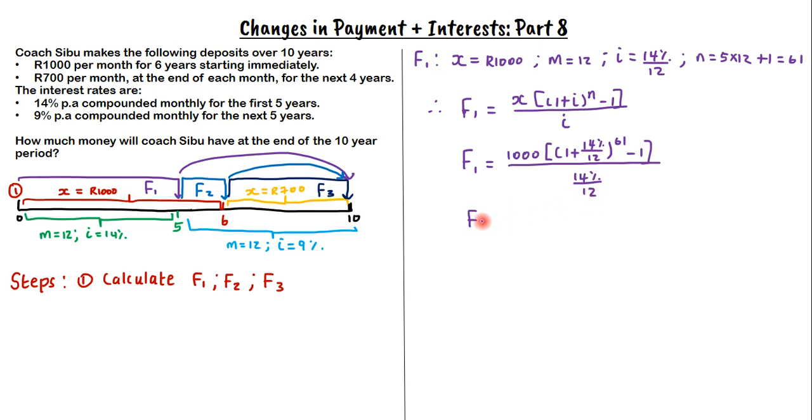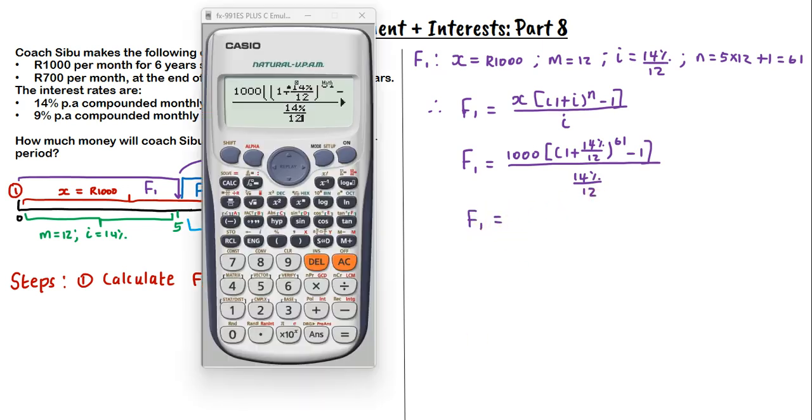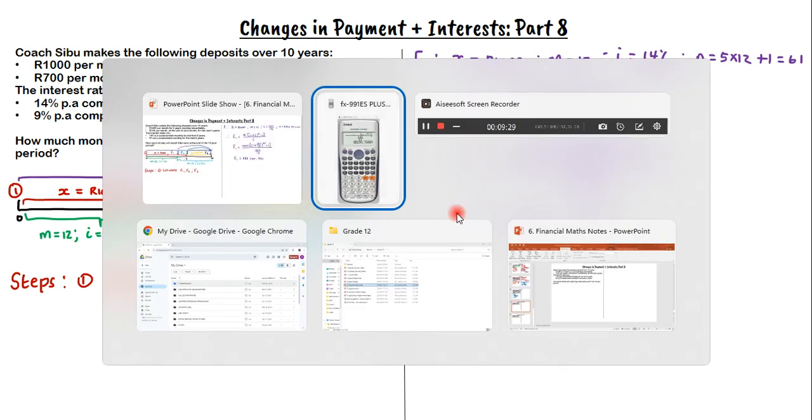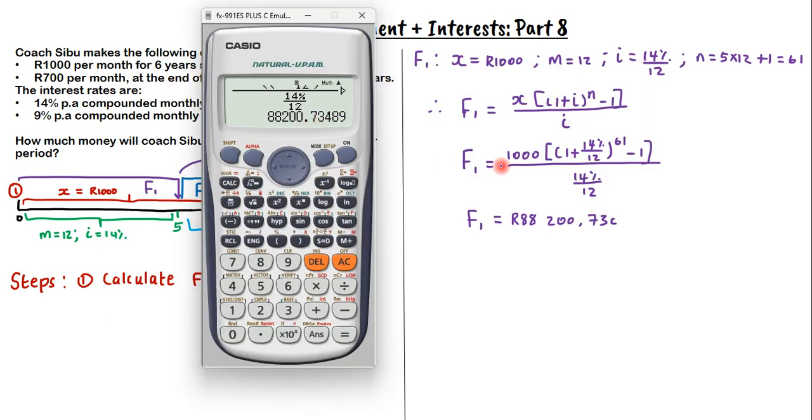All right, so now pressing this into our calculator, I skipped the part where I pressed, I just showed you the final part, but this gives us 88,200.73. Let me just double check. Yes, all right. So this is our first future value.